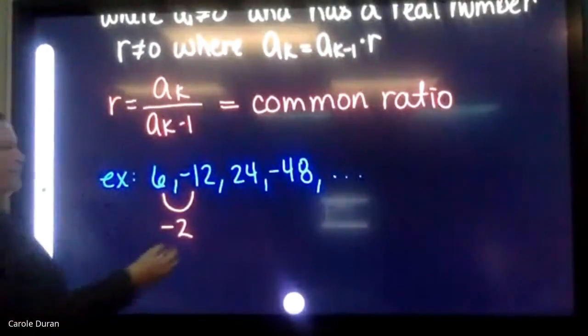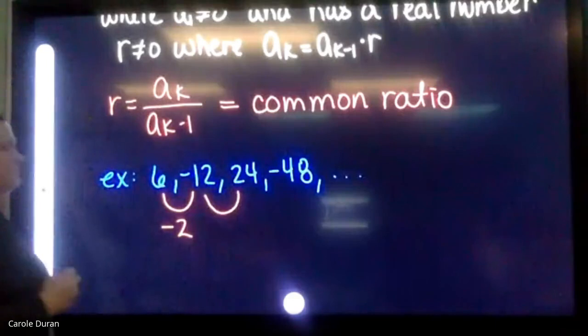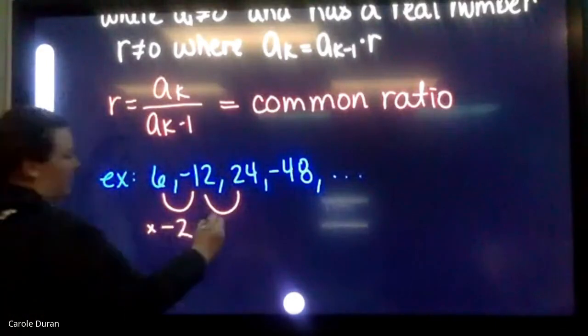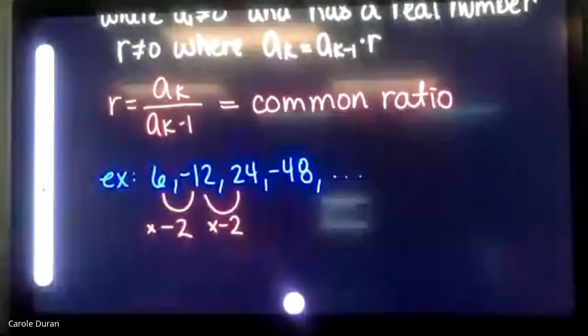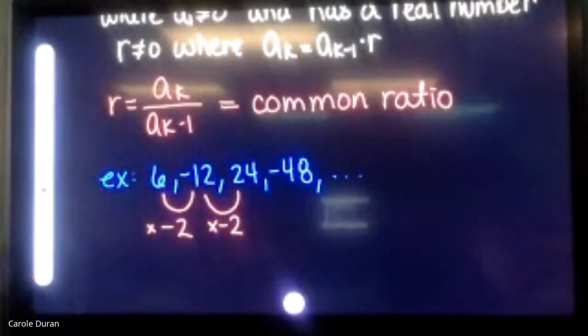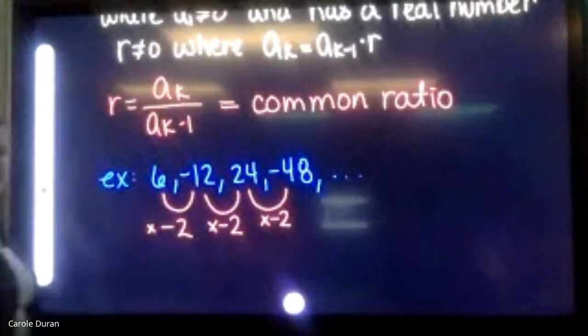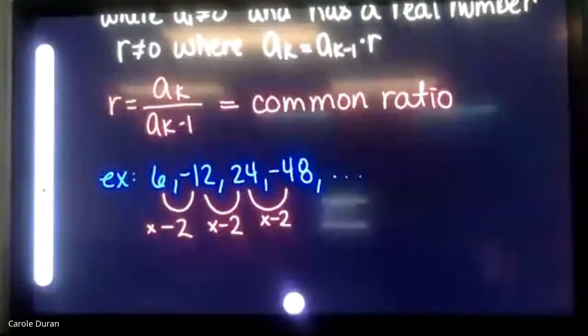How am I changing from term 2 to term 3? Multiplying by -2. If you want to put an X in front to indicate multiplication, you can do that. Just remember, anytime we have a geometric sequence with a common ratio, it's always multiplication or division. And then I also noticed from 3 to 4 that I'm again multiplying by -2. So my common ratio holds for that sequence.